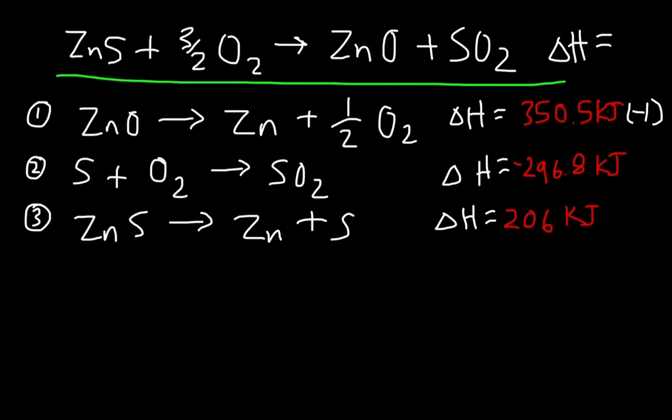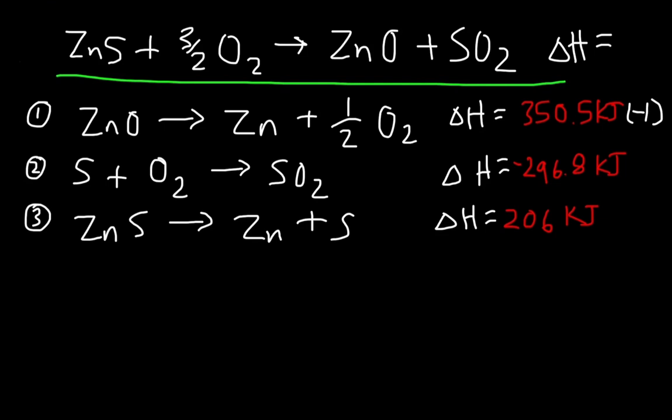Now with reaction 2, sulfur is found also in reaction 3, so it's not unique. And oxygen is found in reaction 1, so it's not unique. But sulfur dioxide is unique because it's not found anywhere else.